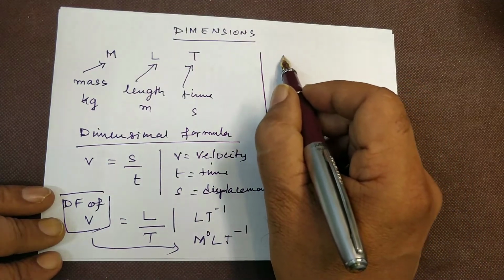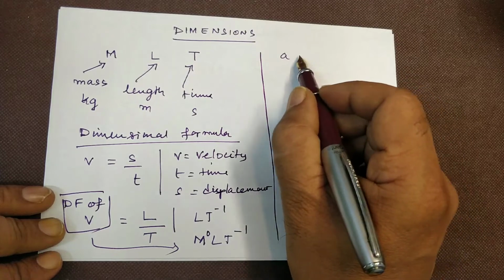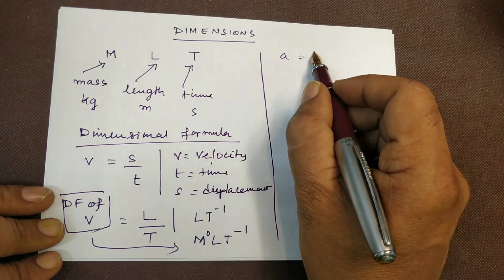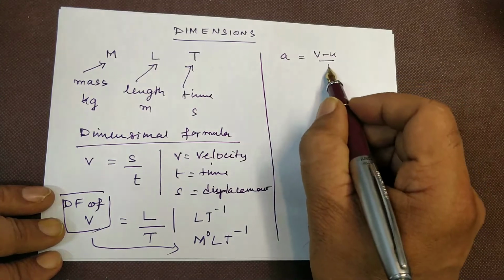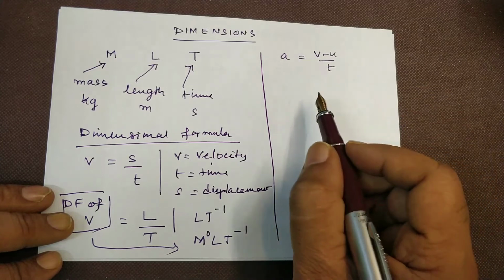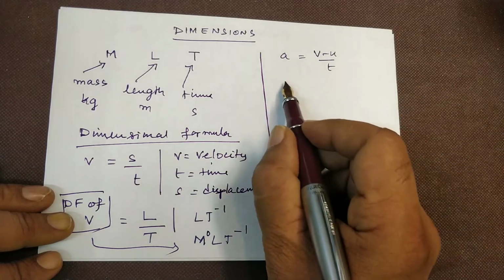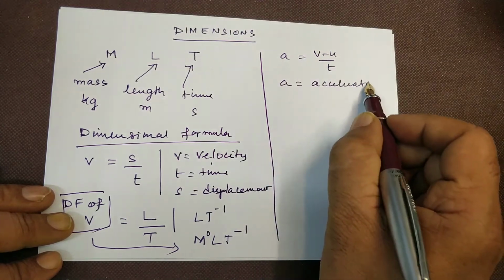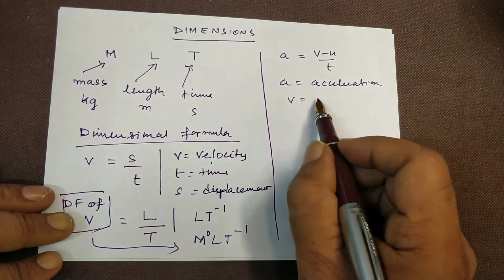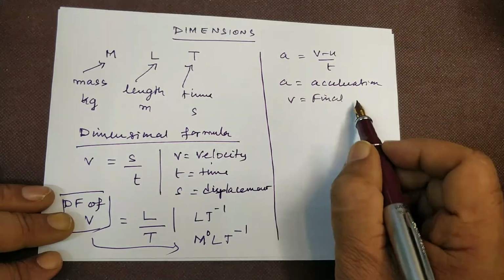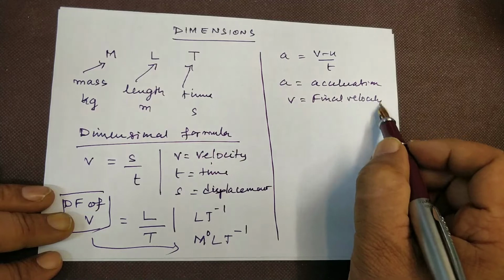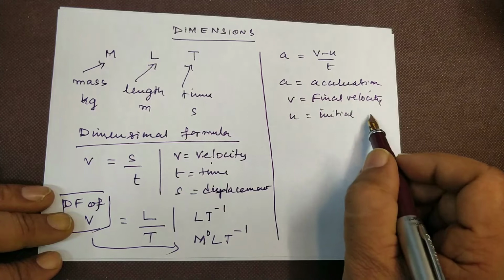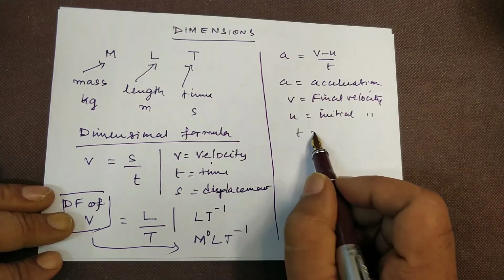Similarly, let us consider the acceleration, A. Acceleration is the change of velocity, v minus u divided by t. This is acceleration, where A represents acceleration, v final velocity, u initial velocity, t time.